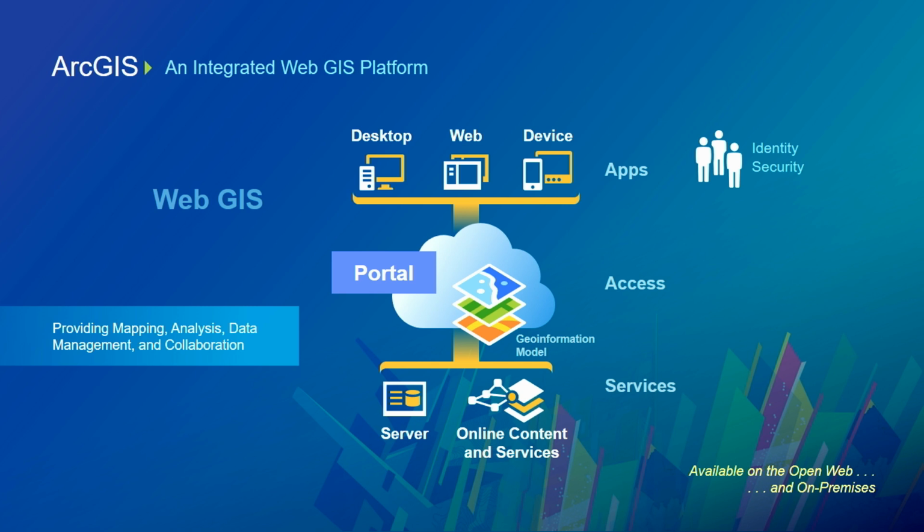The key component here is that we not only have desktop to work with, we also have this notion of web GIS, where we have server and online content, and we're serving this data. And people on the other side, whether from desktop, web or other devices, from all these clients, can access this data. So our objective is to work on this platform with this data, like any other GIS data that we have.